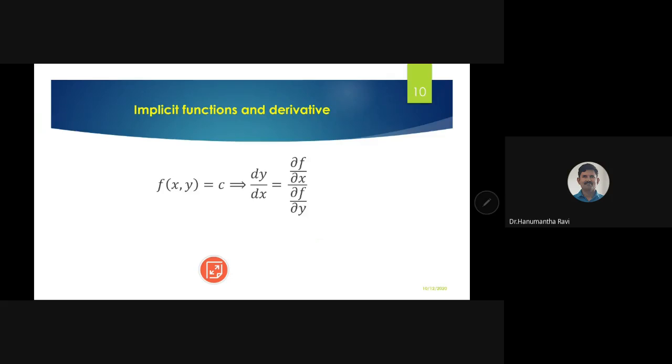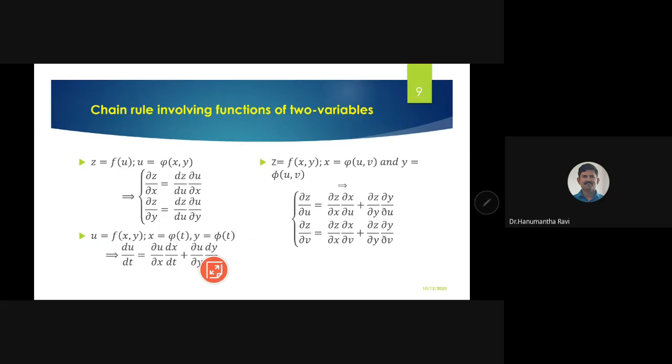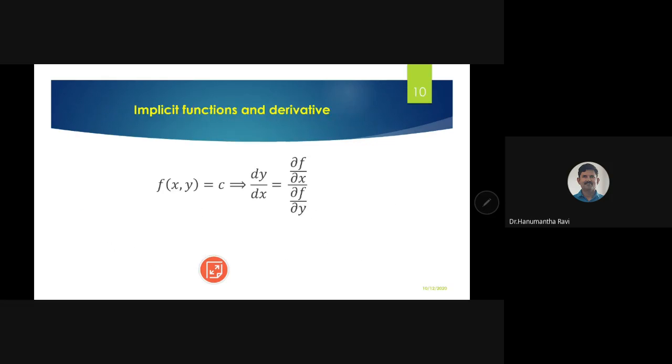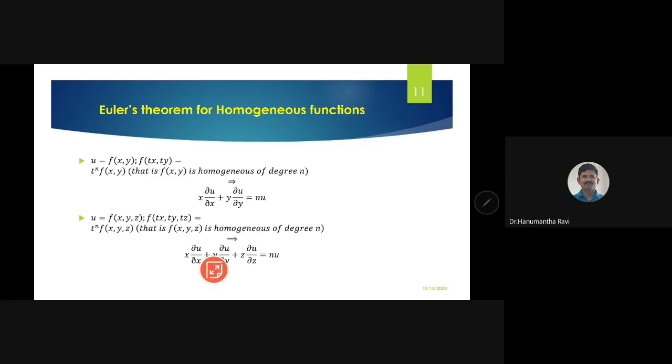This is the chain rule involving functions of two variables, and another one that is Euler's theorem for homogeneous functions. We have done some problems and we continue on these concepts. We try to do some more problems and then we will move to the maxima and minima case.